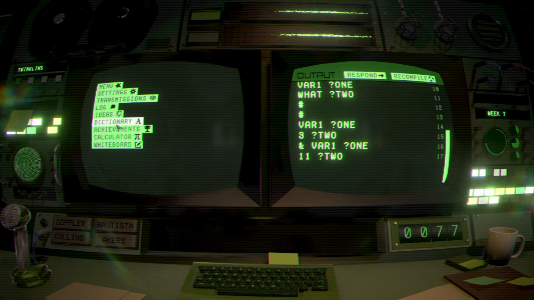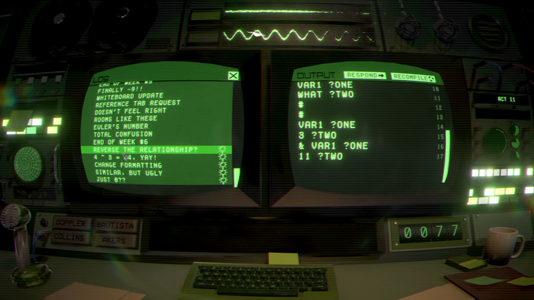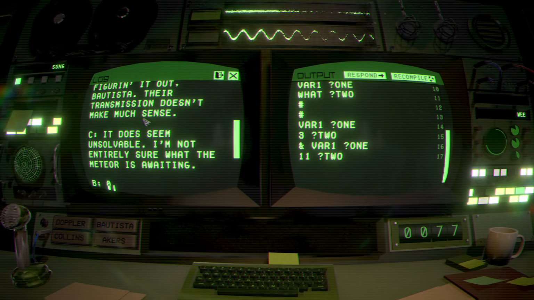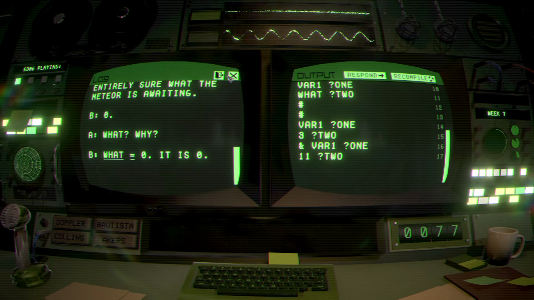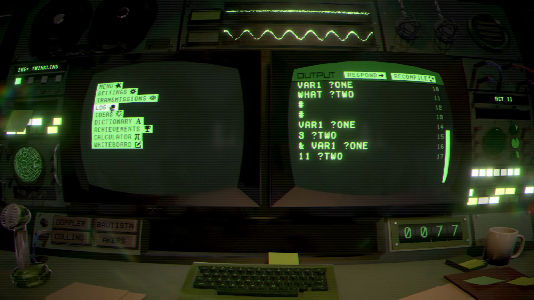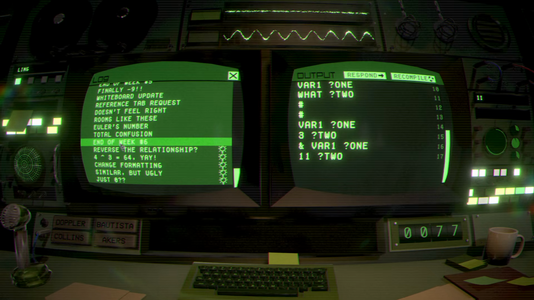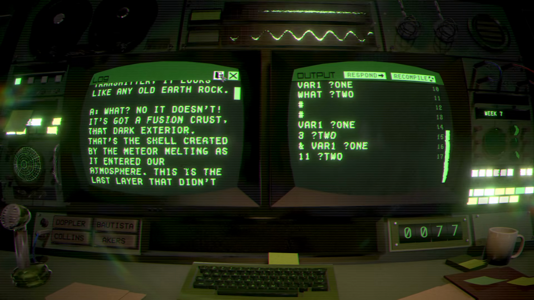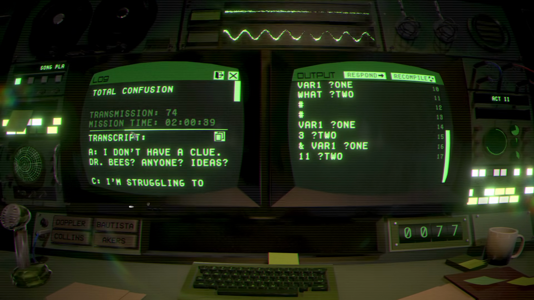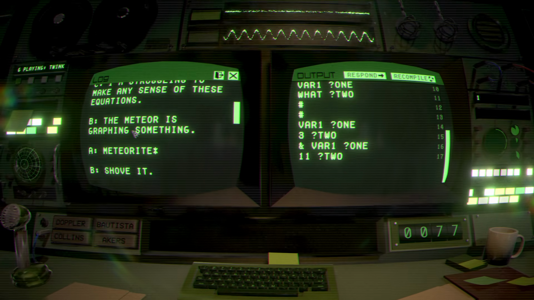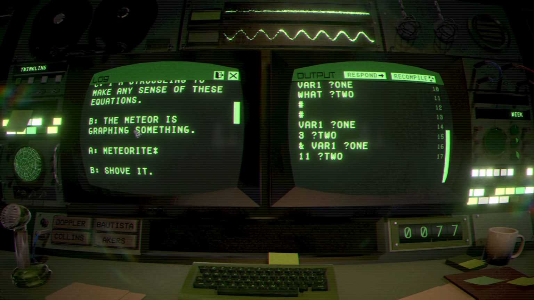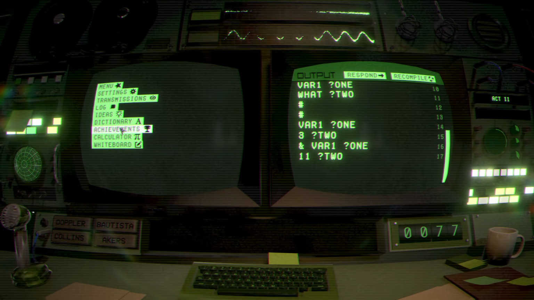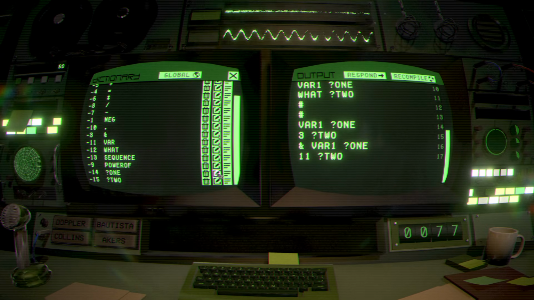Is it okay? What do you say about coordinates? Something about graphing? That was about the rock. Graphing something. What if it's like X and Y or something?